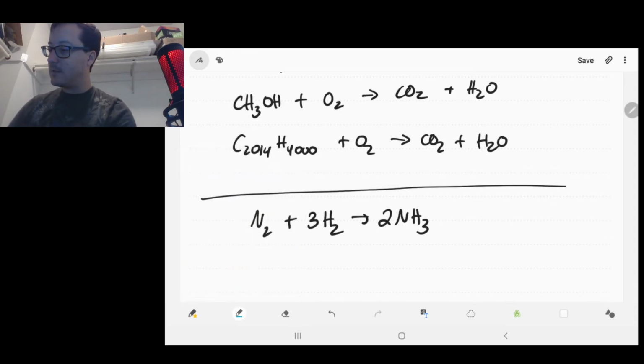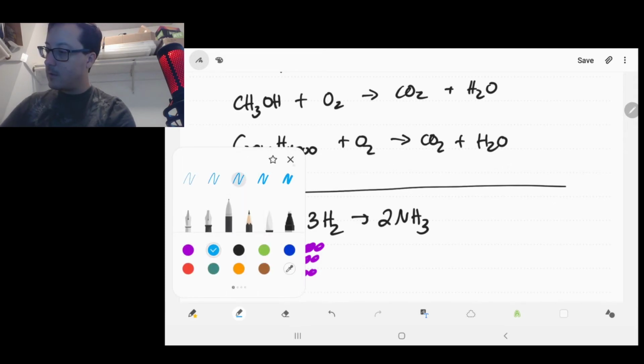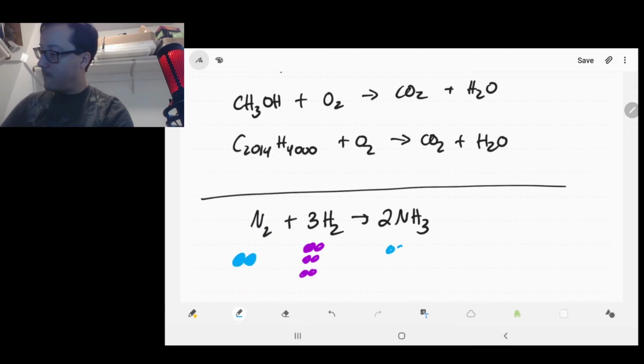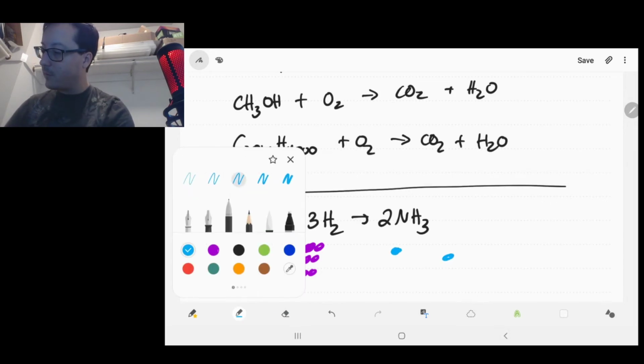Regardless, this is essentially a recipe. It tells us that we need 1 molecule of nitrogen, 3 molecules of hydrogen will give us 2 molecules of ammonia.